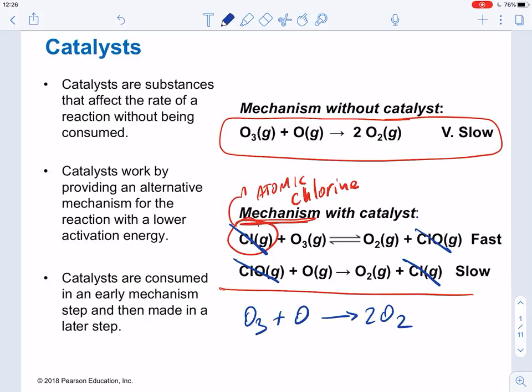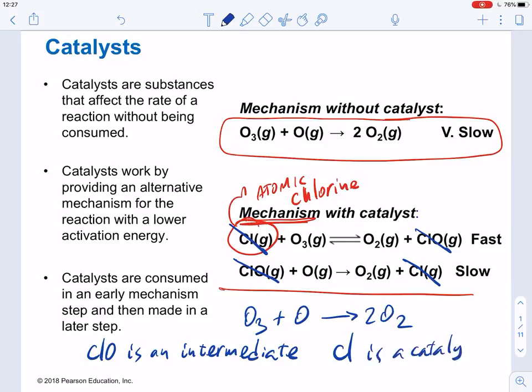But well, not so fast. Here, ClO is an intermediate. Okay, but the atomic chlorine is a catalyst.